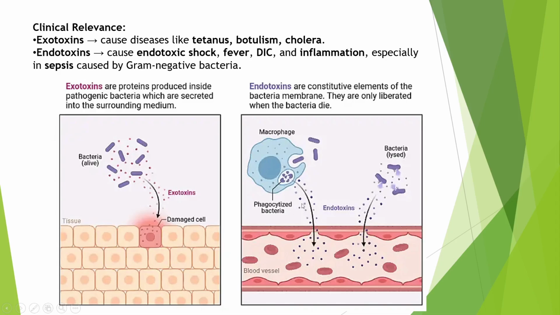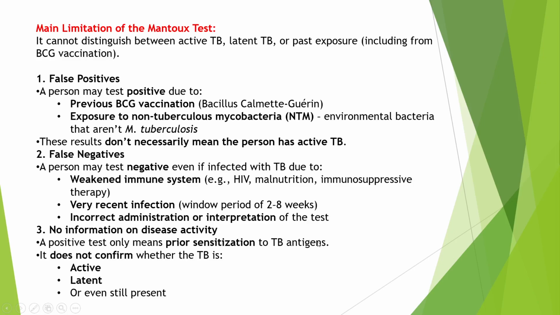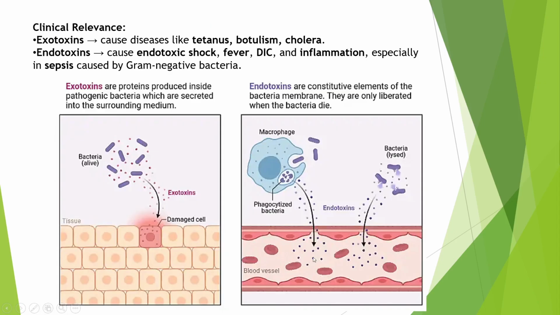So then these endotoxins are released and enter into the bloodstream, and they are non-specific in nature, so they can have their effects anywhere in the body, and the effects are seen as a whole in the system.